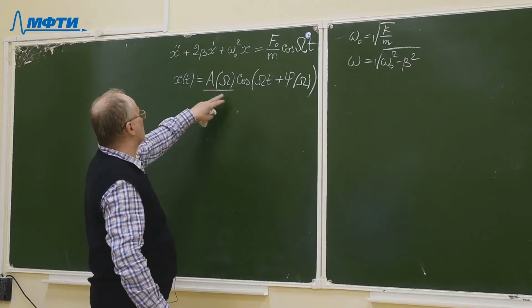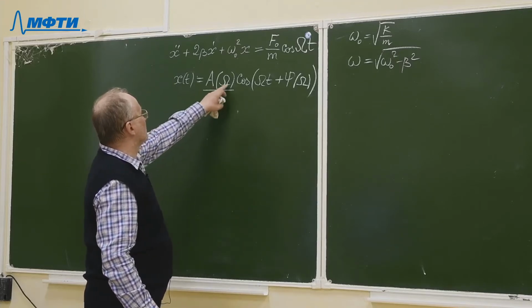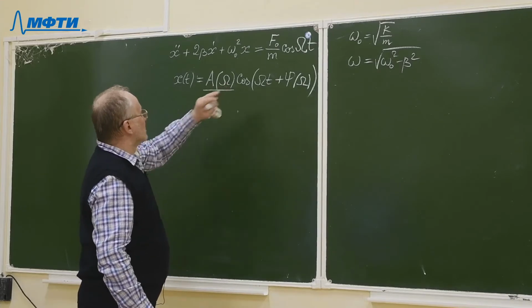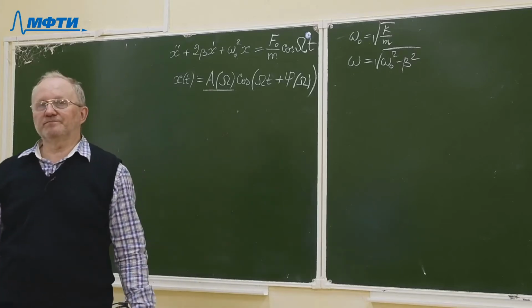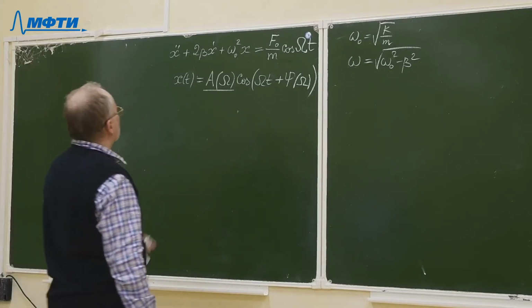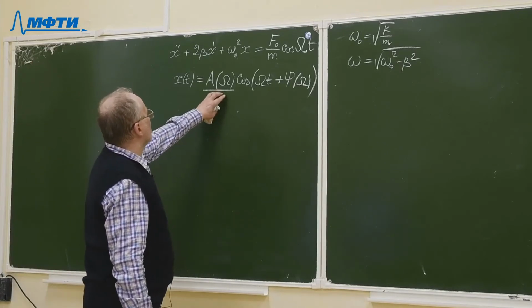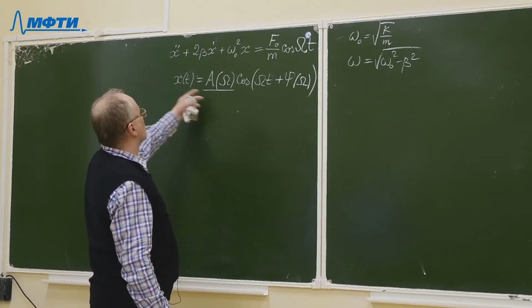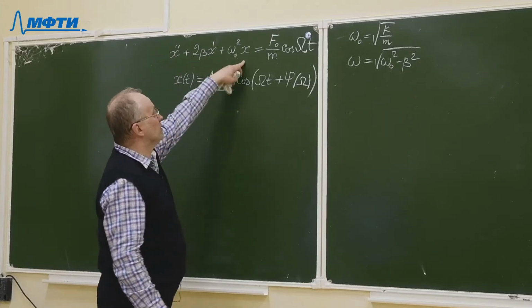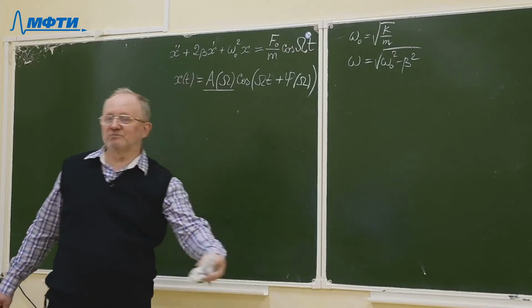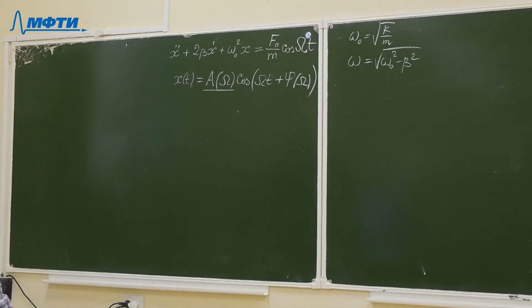The most interesting function is the amplitude as a function of the frequency of the external force. That is the most interesting thing. You can obtain it by just differentiating this function and substituting here in the equation and solving this equation. But this is a lengthy mathematical calculation, and I will show you the way.